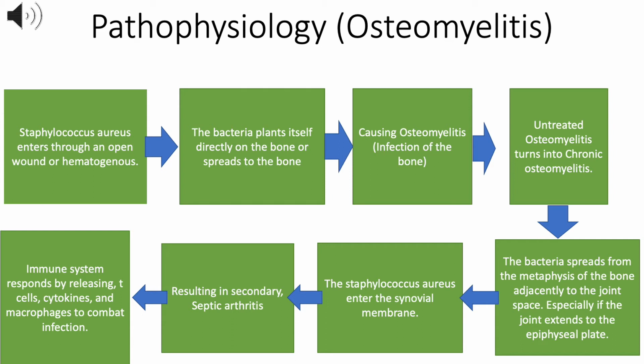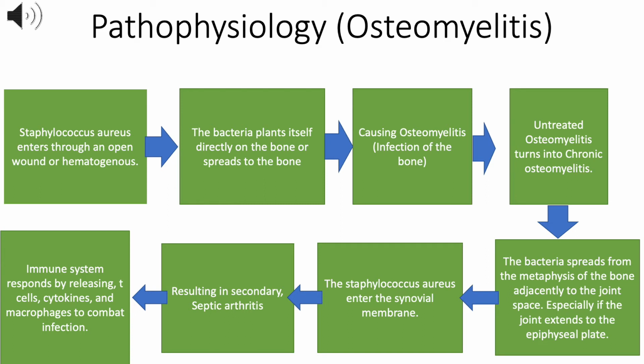But if the osteomyelitis is untreated and gets worse, the bacteria could spread from the metaphysis of the bone, which is the neck of the bone, next to the joint space, especially if the joint extends up into the epiphyseal plate, allowing bacteria to jump from the bone to the joint space that's directly by it.